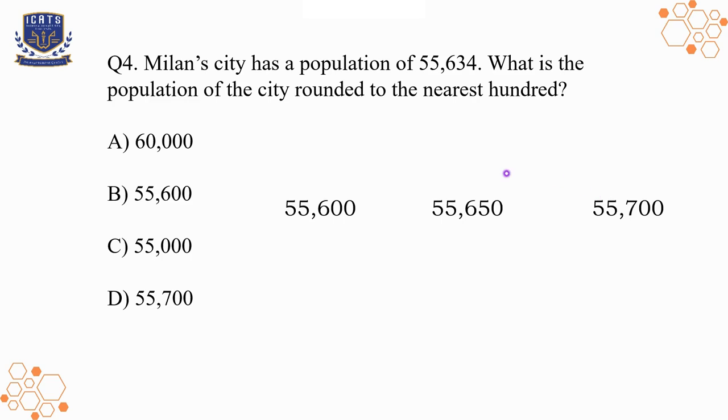Now we will see what is the half of these two numbers. It's 55,650. As 55,634 lies before 55,650, we will round our original number towards 55,600. So we will select option B here. The population of the city rounded to the nearest hundred is 55,600.